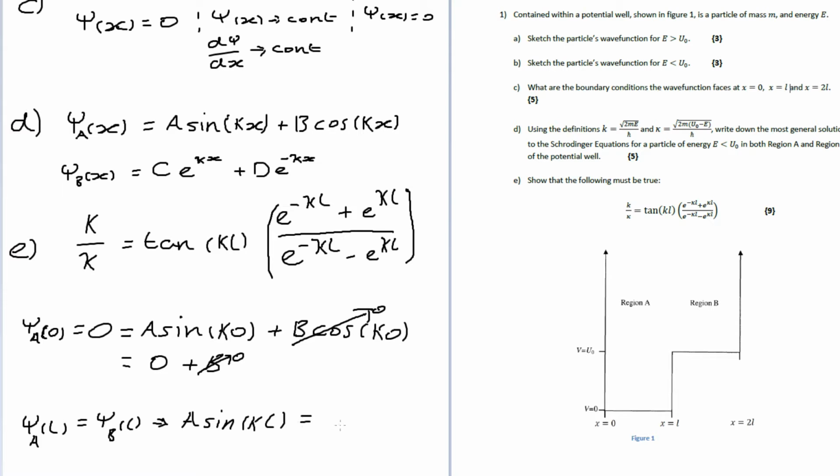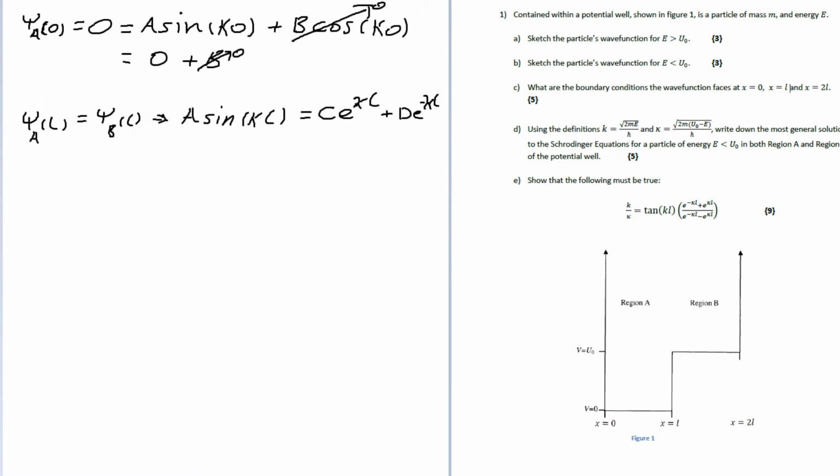And this is equal to psi B of L, which is c e^(kappa L), remember, not k, kappa, L, plus d e to the minus kappa L. My kappas are getting worse and worse, but hopefully you can keep up. So we know that this is continuous. And further to that, we know that the derivative of both of these terms has to be continuous.